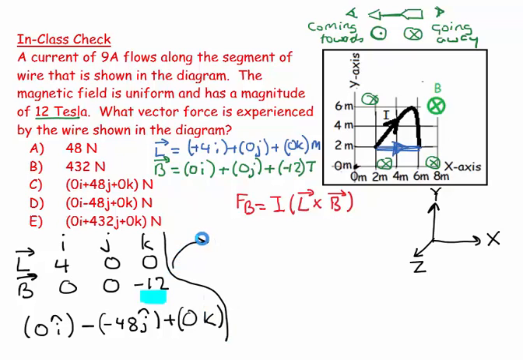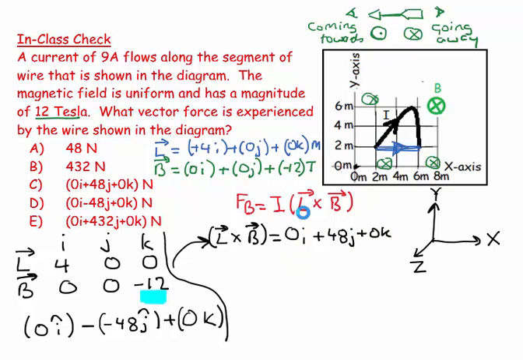So L cross B is equal to 0i, minus and minus makes plus 48j, plus 0k.